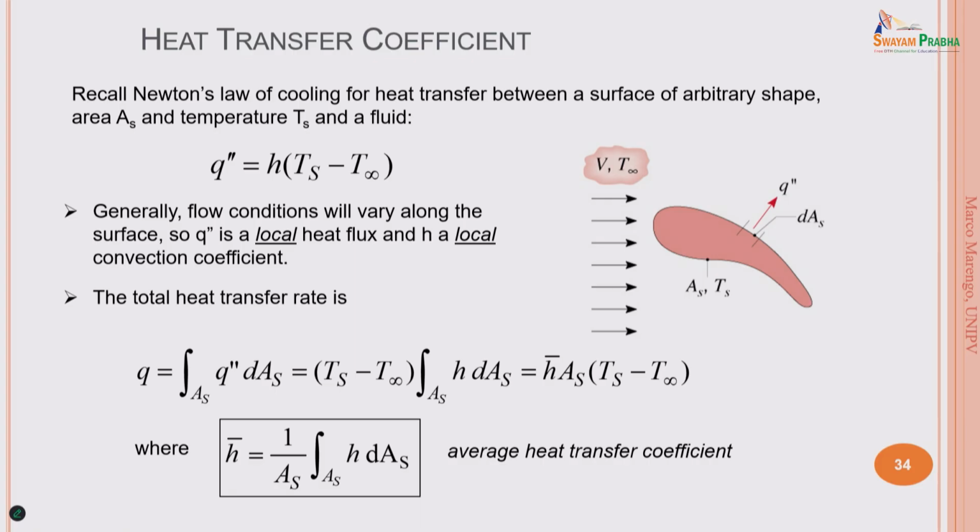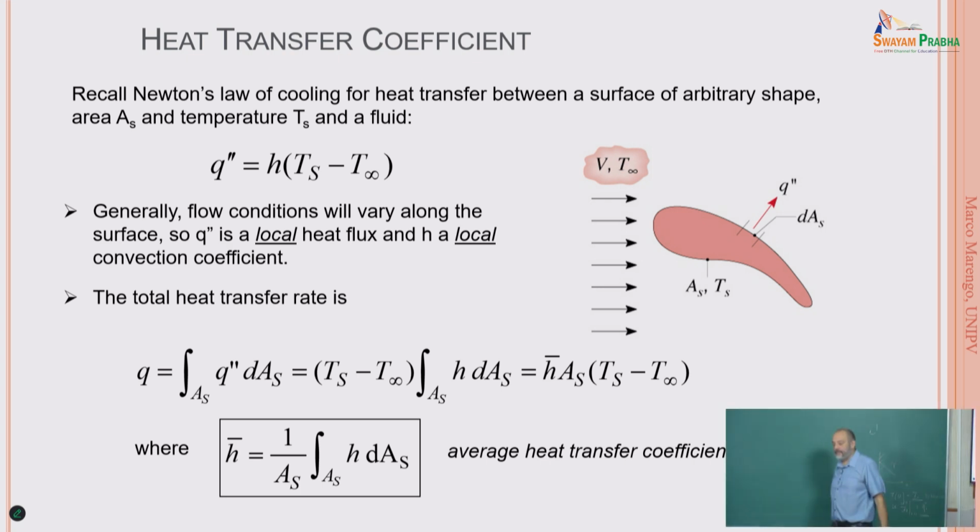Coming back to the heat transfer coefficient, for example, if we have this condition on a wing profile, it's very clear that the heat flux is changing along the profile. This means that H doesn't have a unique value all over the profile, but is changing in space.